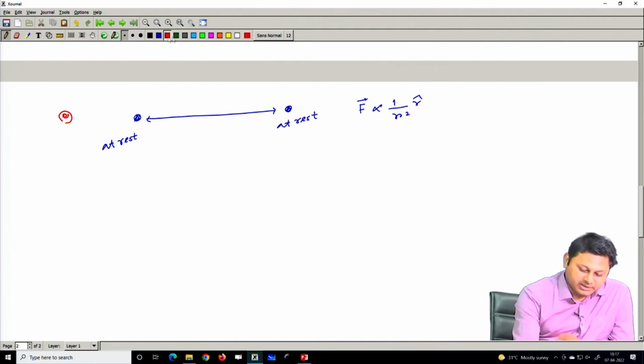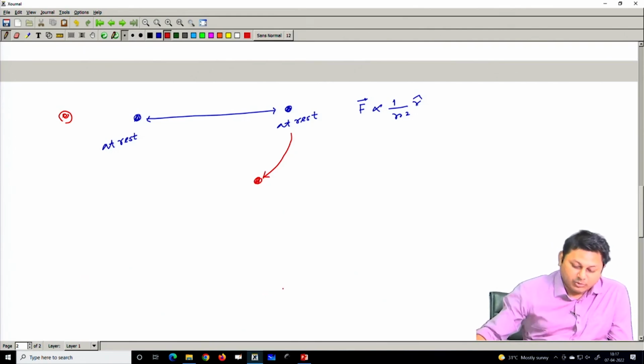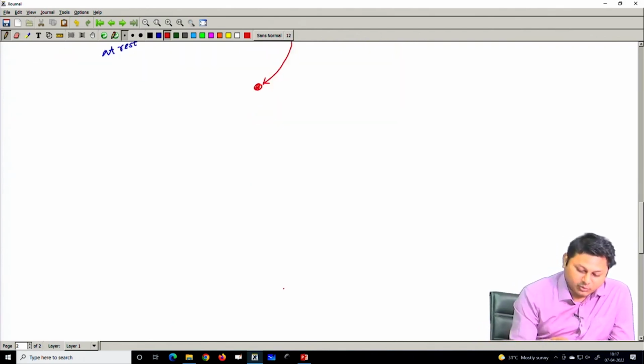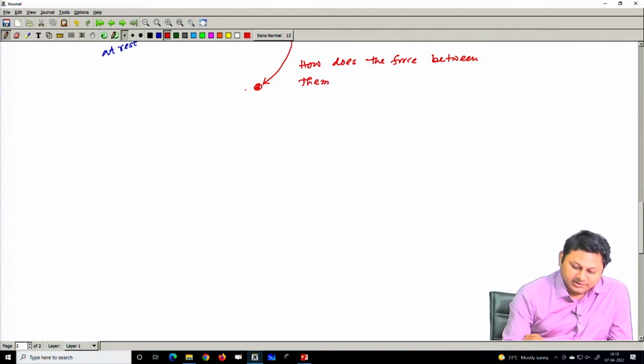But if one charged particle moves from here to here, then the question is, how does the force between them, whatever force they have, instantly change?